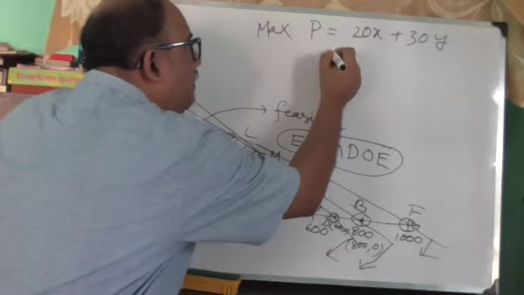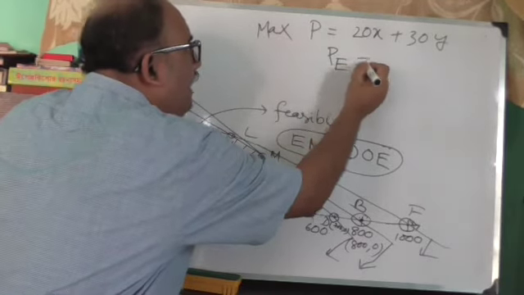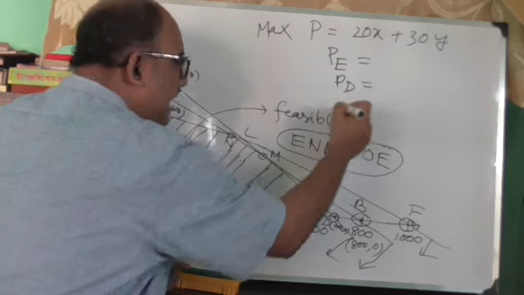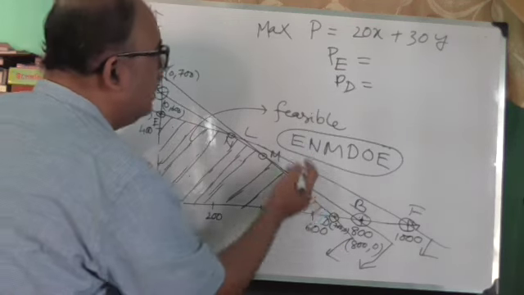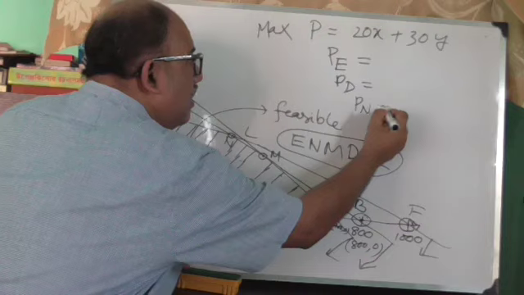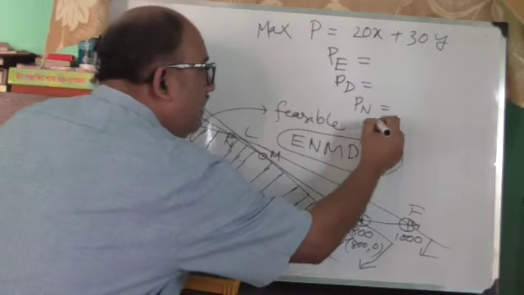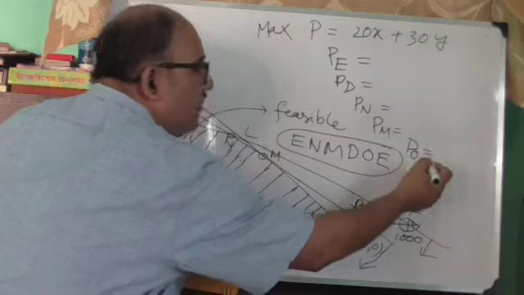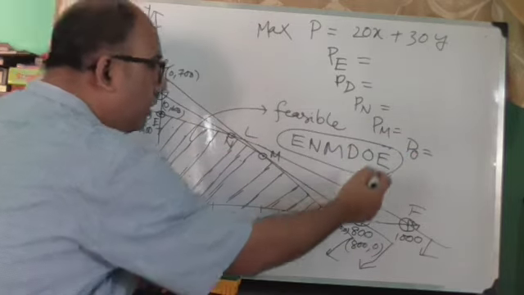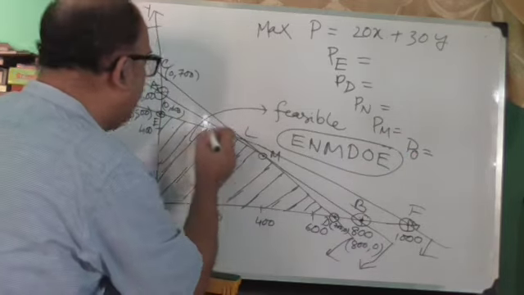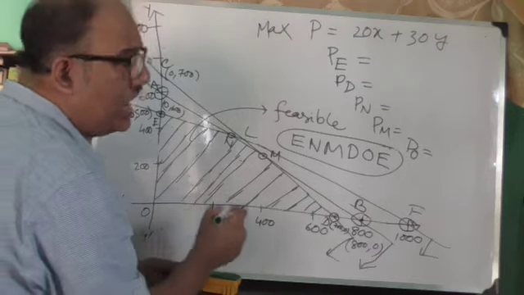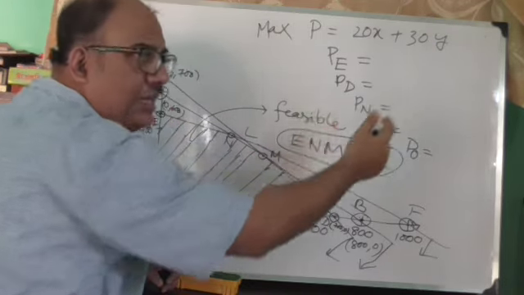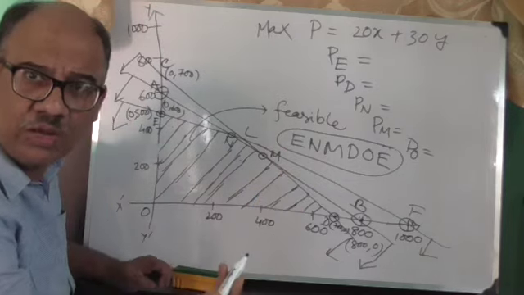So I can write PE means profit at the point E, PD means profit at the point D, PN means profit at the point N, PM means profit at the point M, and PO means profit at the point O. So we'll find out the profits at the different corners, and find out which one gives you the maximum value, and that will be our solution.